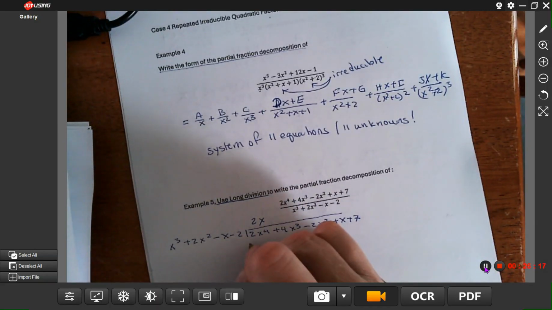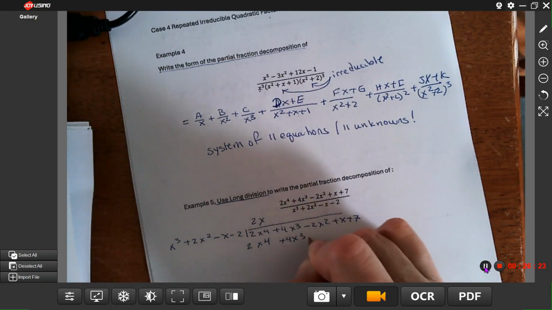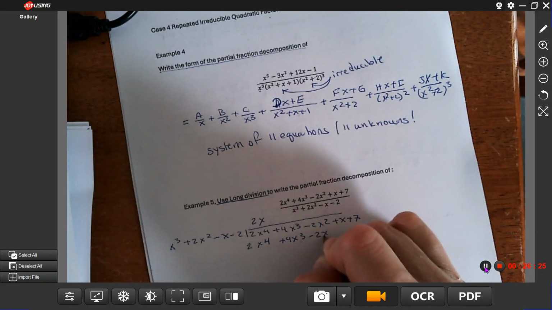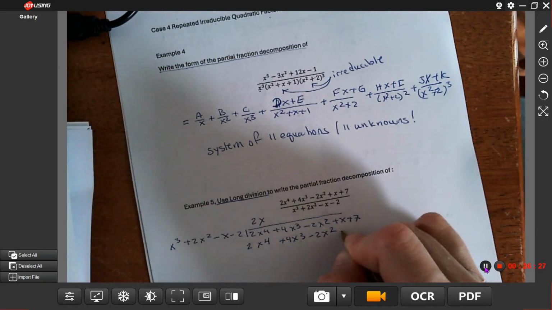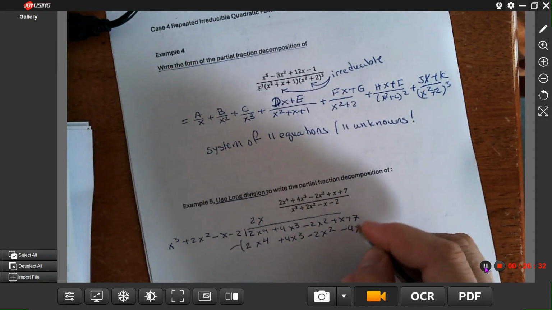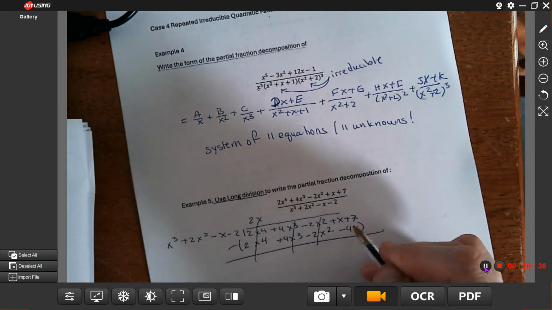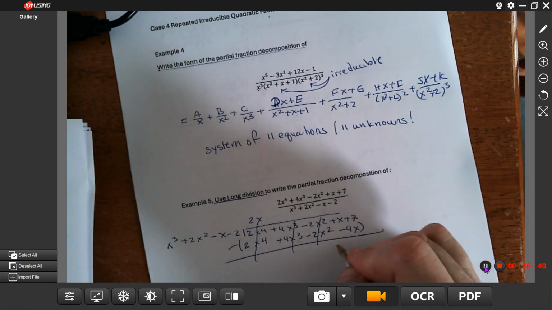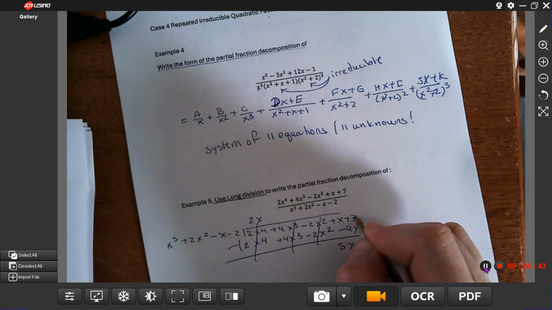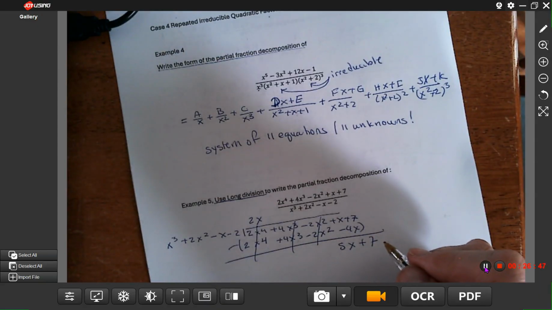Multiply it by the divisor, and I get 2x to the fourth plus 4x to the third minus 2x squared minus 4x, and then I subtract, cancel, cancel, cancel, x minus negative 4x is 5x, 7 minus 0 is 7.